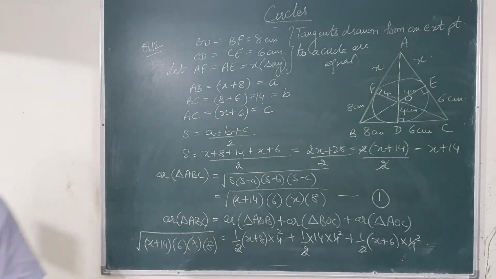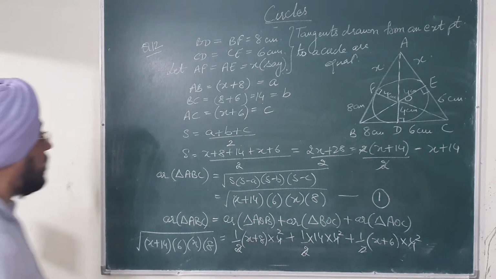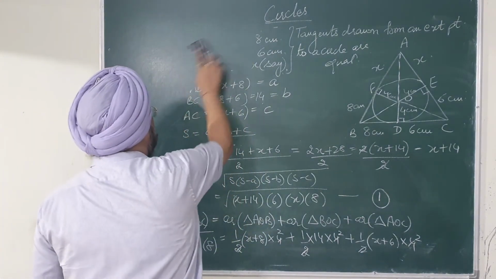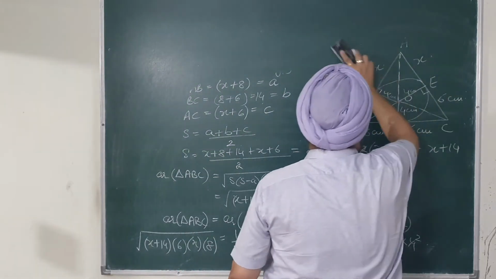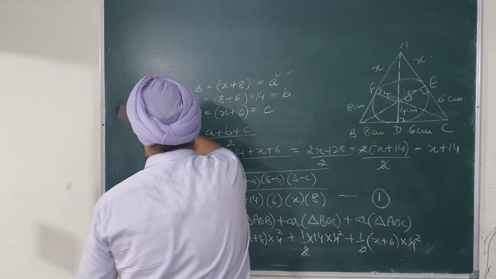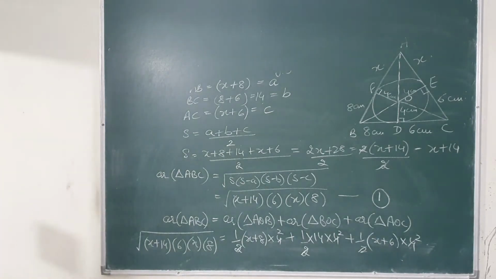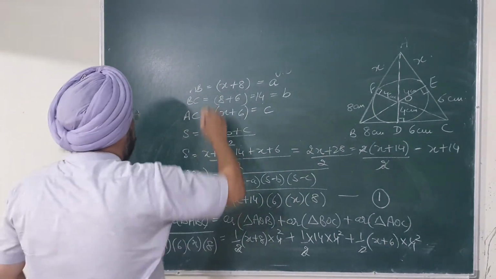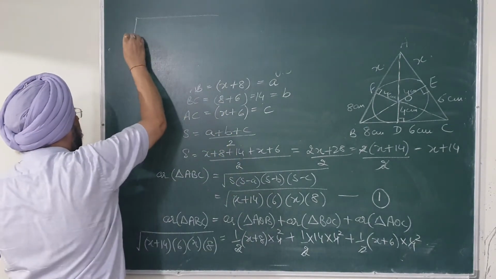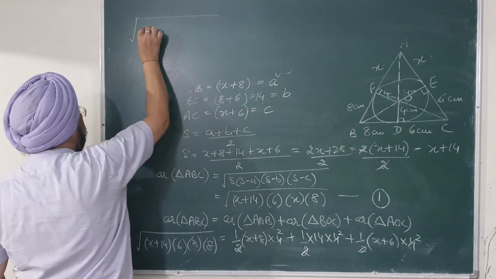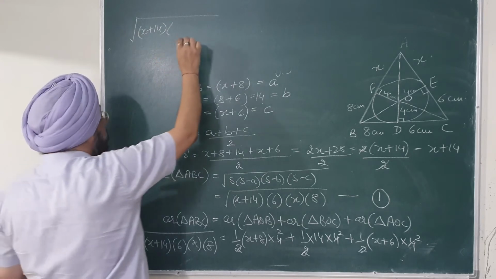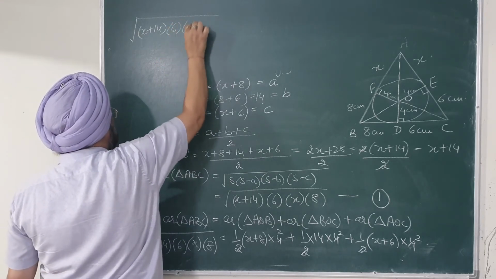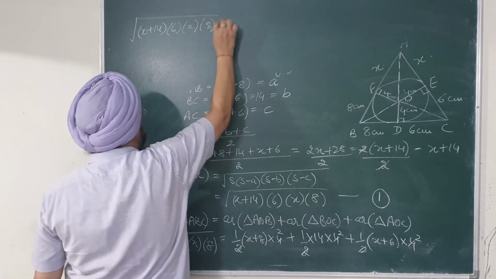So let's come to the remaining part of this question. Now the left hand side we have to keep as such, the square root of x plus 14, 6, x and 8.